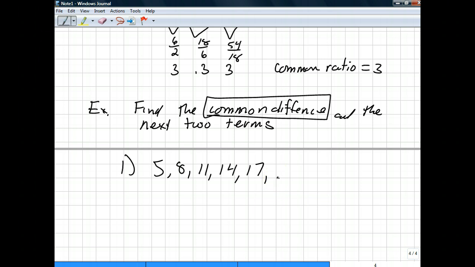So the first thing I want to do is find the common difference. I take 8 minus 5, that gives me 3. And 11 minus 8 also gives me 3. 14 minus 11 also gives me 3. And 17 minus 14 gives me 3. So the common difference is 3.